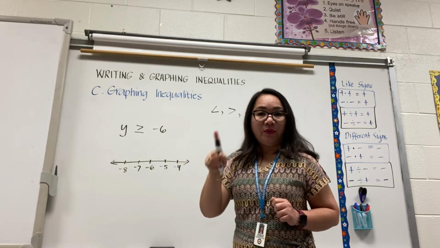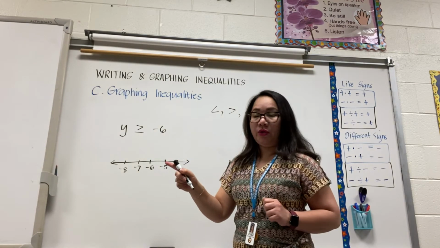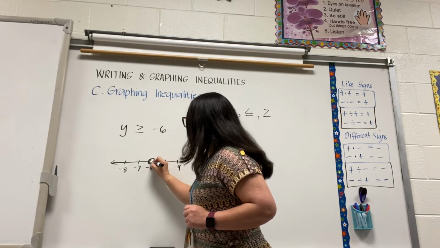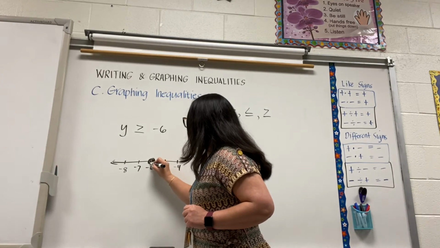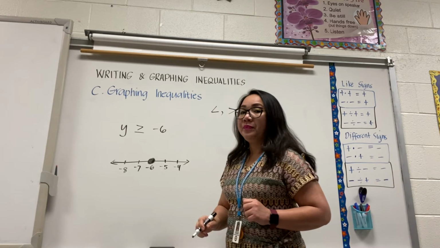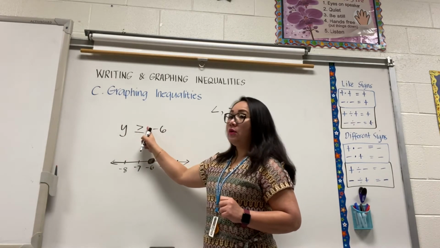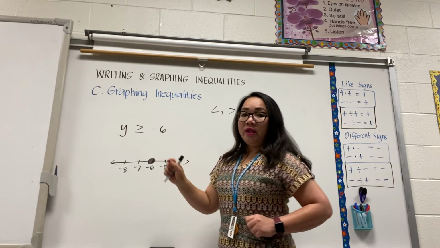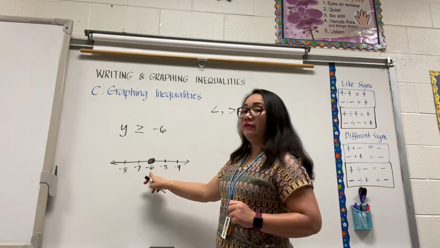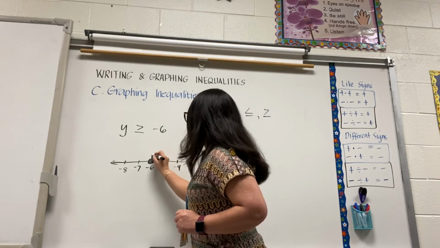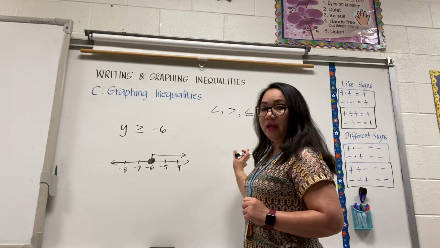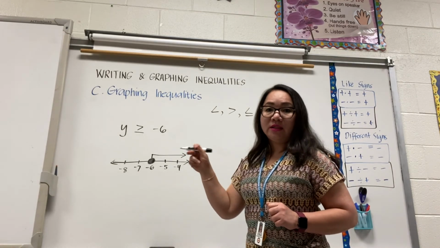So we will draw a closed circle. Closed circle means this -6 is included. And it says here y is greater than or equal to. So that means all numbers to the right of -6. So you will draw your graph like that. So greater than is direction to the right. Less than, the direction is to the left.